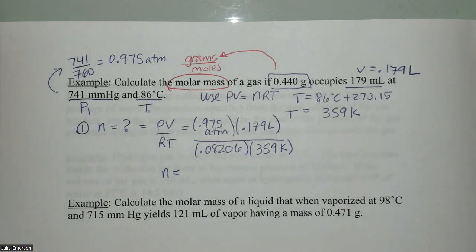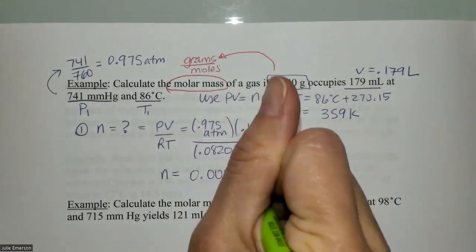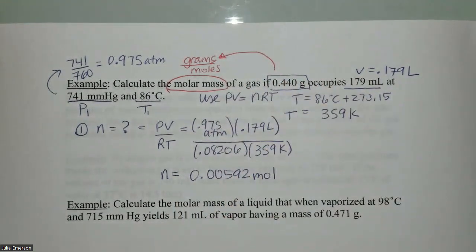So that should tell us how many moles or particles are inside. So 0.975 times 0.179, divide by 0.08206, and then divide that by 359. So I have 0.00592 moles of this gas present.